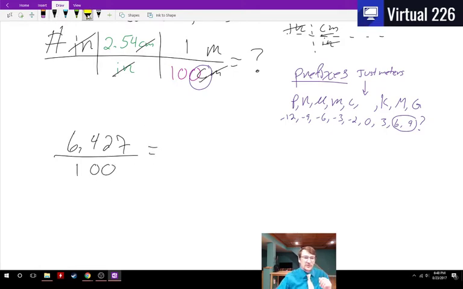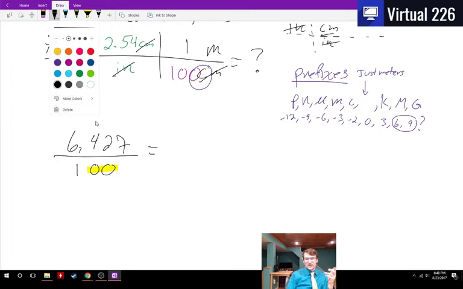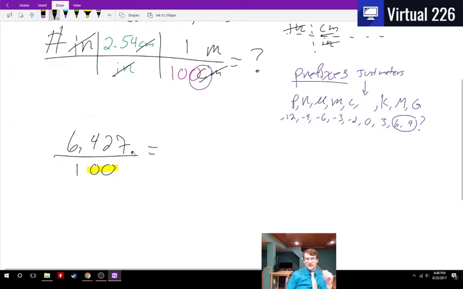What you need to do is recognize that there are 2 zeros here, and the decimal is actually hidden a little way on this number. Remember, this is like 6,427.0000000 forever. Because we have these 2 zeros here as in division, we're taking this decimal and we're going to make this number smaller, so the decimal is going to drop over the same number of zeros we have.